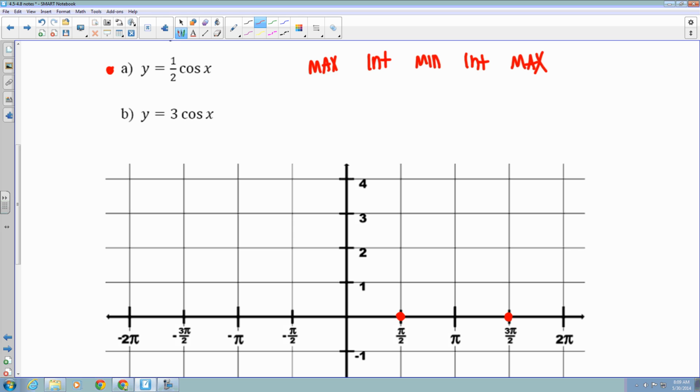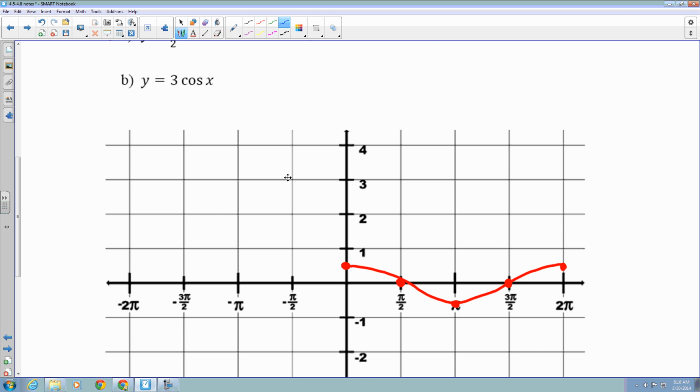So our max starts at 1/2 for the first graph, goes down to -1/2 in the middle, and back up to 1/2 at the end where the max is. Okay, so that's what that one looks like. And same thing for the second one, we'll do that one in blue.